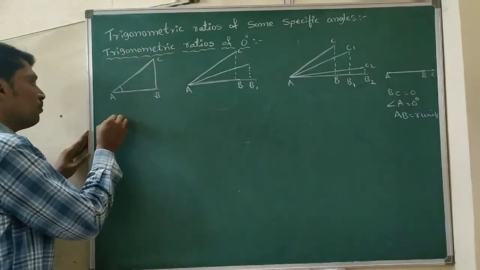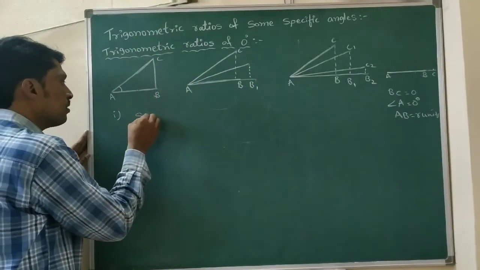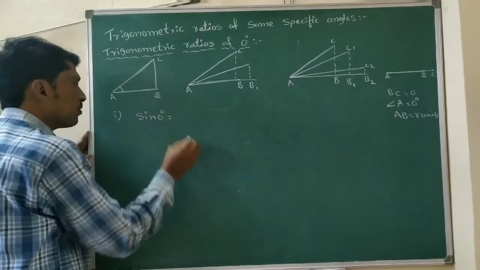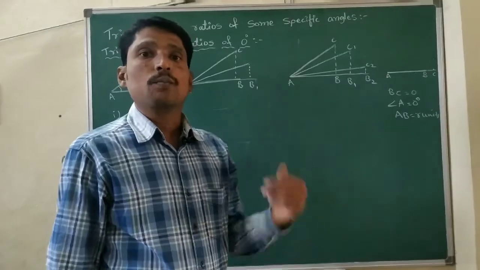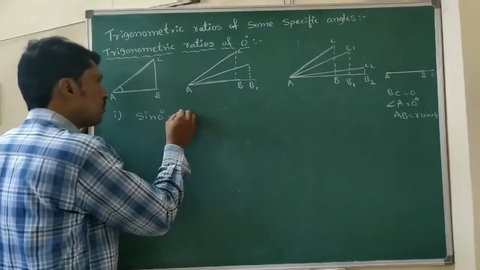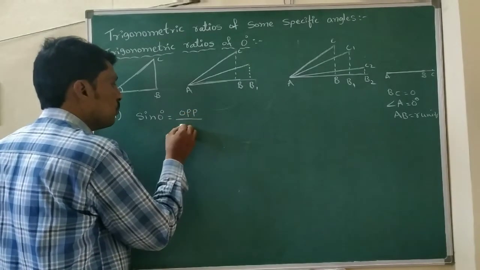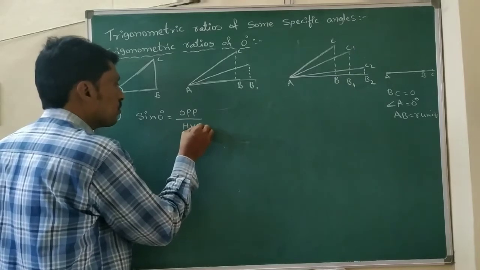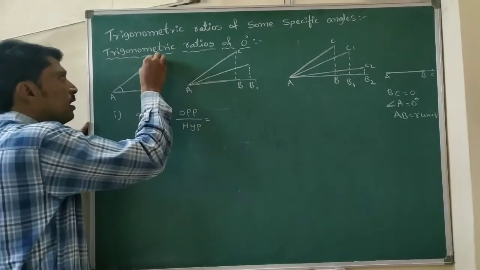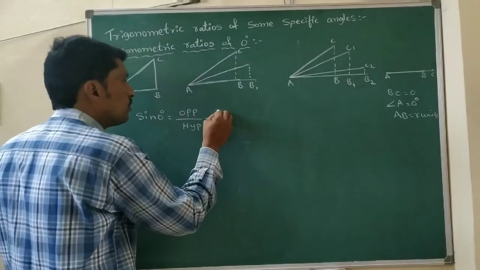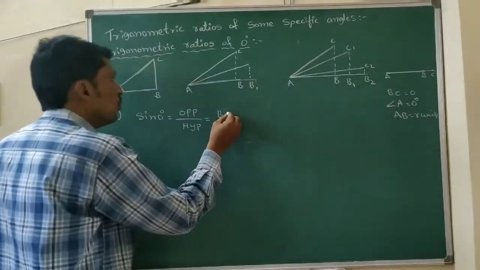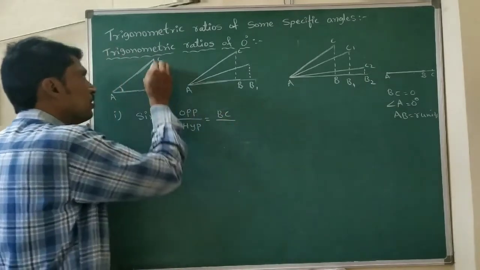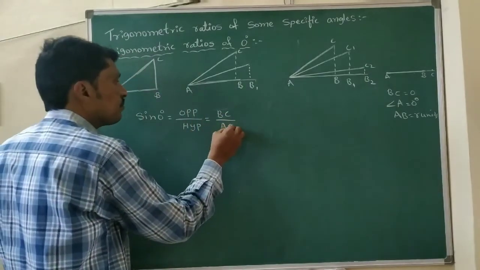Now you can take the first one, sine 0 degrees. What is sine 0? Opposite side to angle 0 by hypotenuse. What is opposite? BC is opposite, and the hypotenuse is AC.